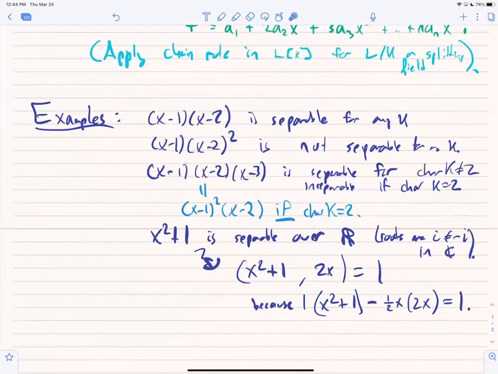So this is what it means to be coprime. It means you generate together the unit ideal. For polynomials, this is equivalent to not having any common roots over an extension, over an algebraic closure, let's say.